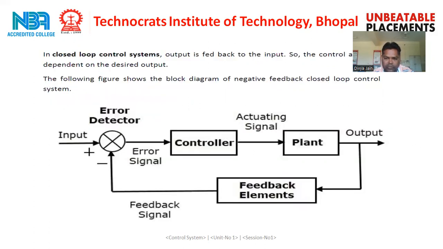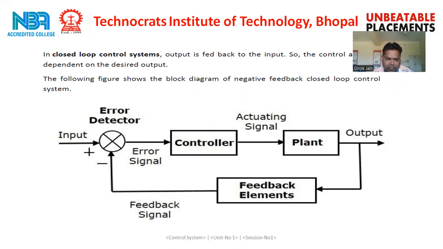Again, in the closed loop system, we apply the feedback element. With the help of the feedback element, we find the error created in this closed loop system, and this feedback path minimizes the error with the help of the error detector.